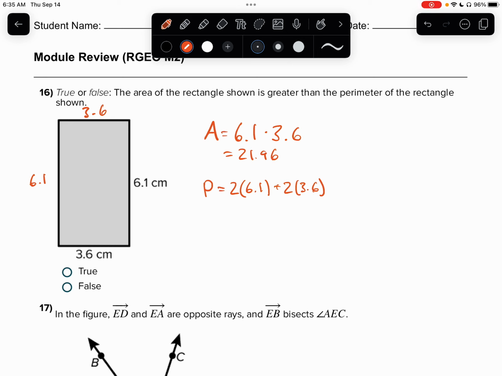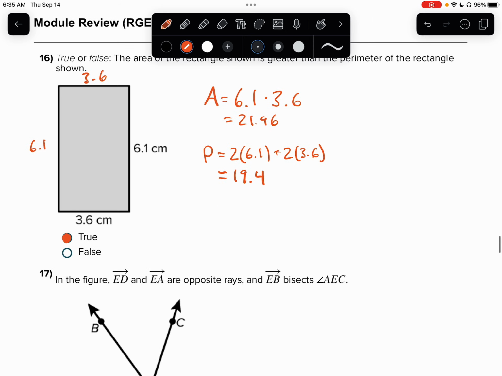So perimeter, 2 times 6.1 plus 2 times 3.6 is 19.4. Area is 21.96, so area is greater. The question is asking whether the area is greater than the perimeter, so yes, that is true. All right, cool.